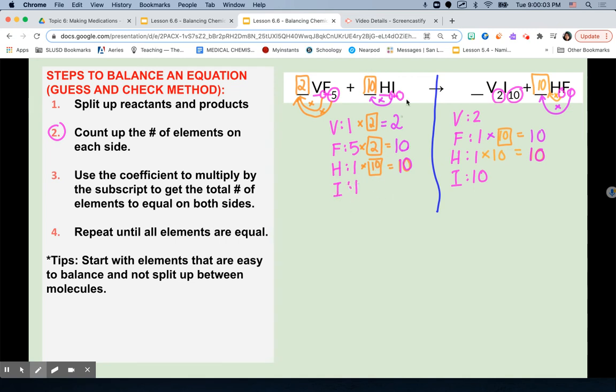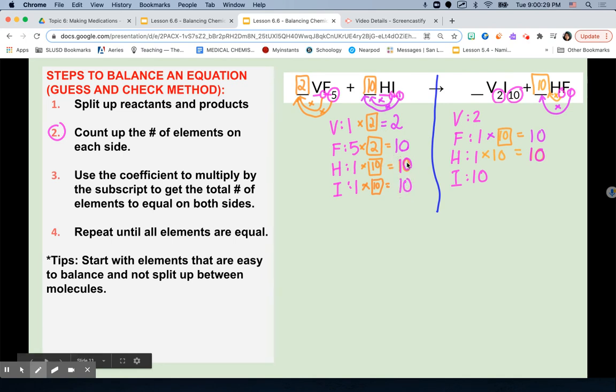So finally, notice that, hey, capital H and capital I are part of the same molecule. There's no space bar or anything. So therefore, it's going to be 1 times 10 for I will equal 10 I's.